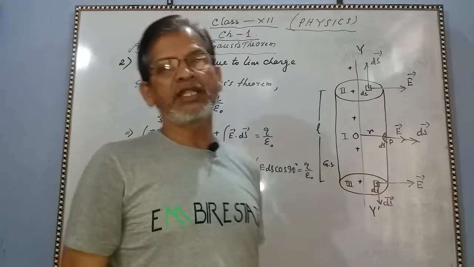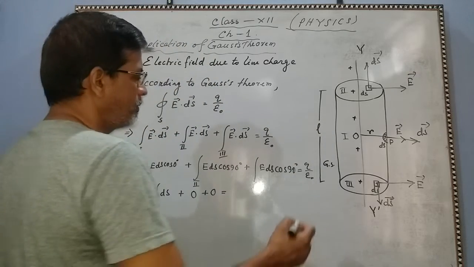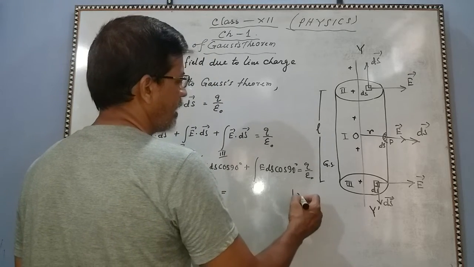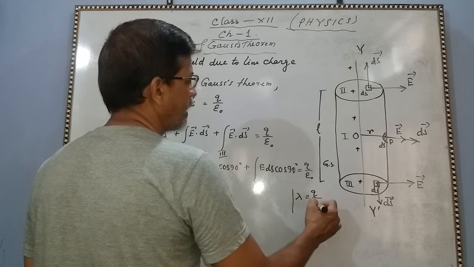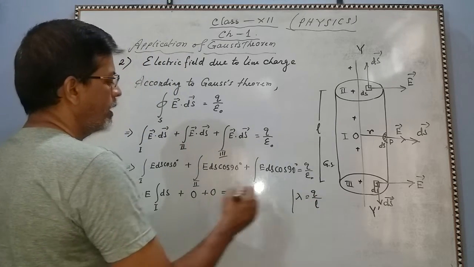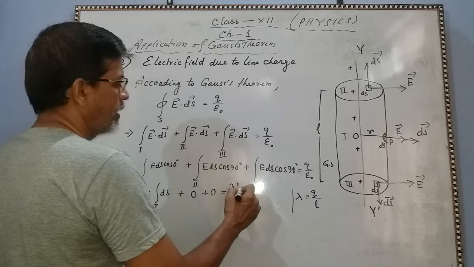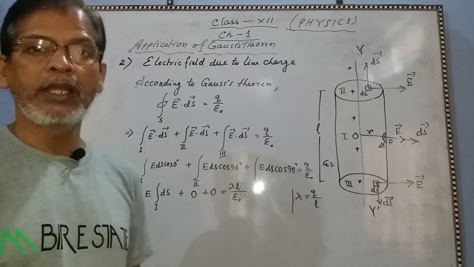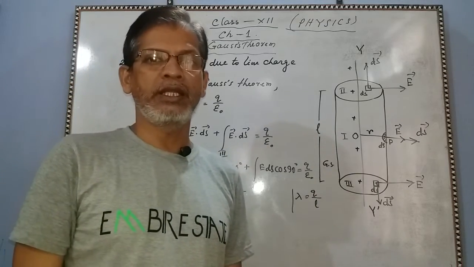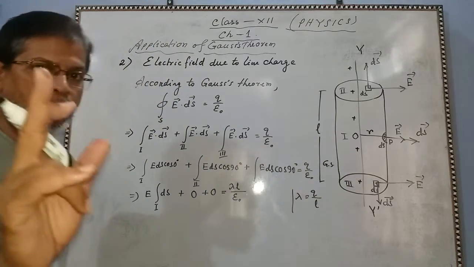If the linear charge density is lambda, then lambda equals q by L. So q equals lambda L, giving lambda L by epsilon naught. What is lambda? Linear charge density, charge per unit length.